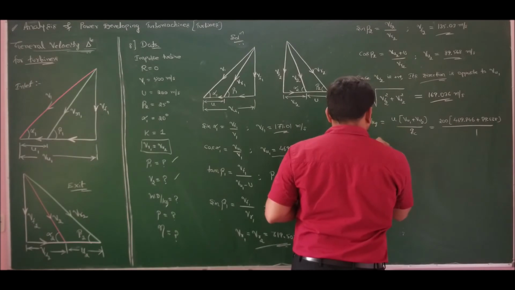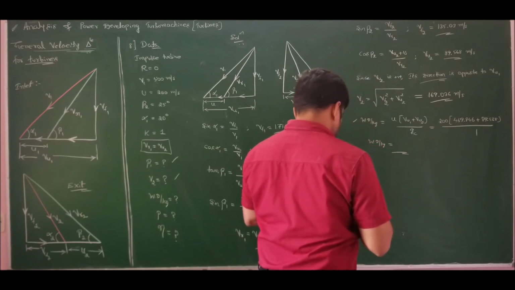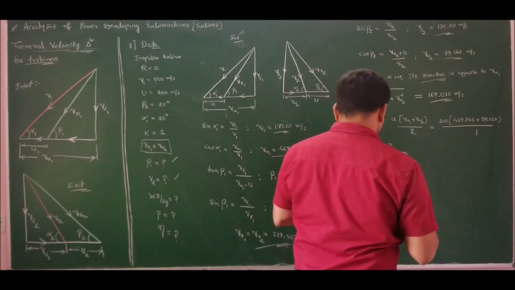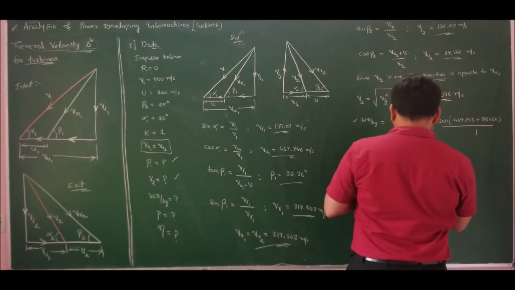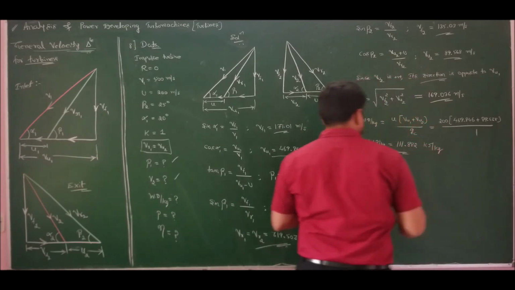So therefore, work done per kg for this problem is 200 into 469.846 plus 89.568, which is equal to 111.882 kilojoules per kg. Kilojoules per kg, not joules.